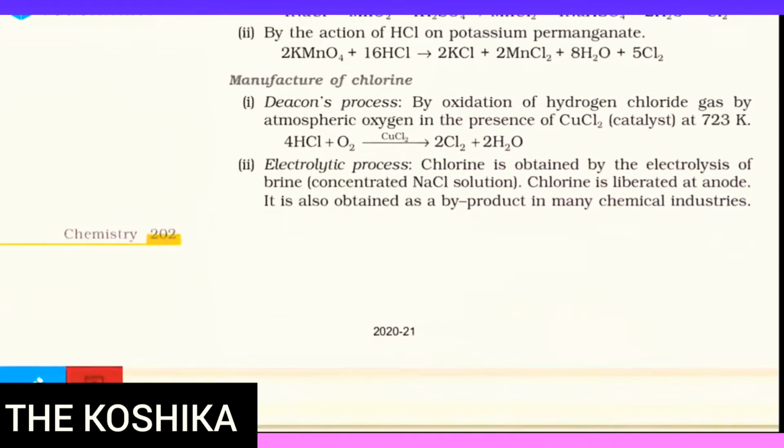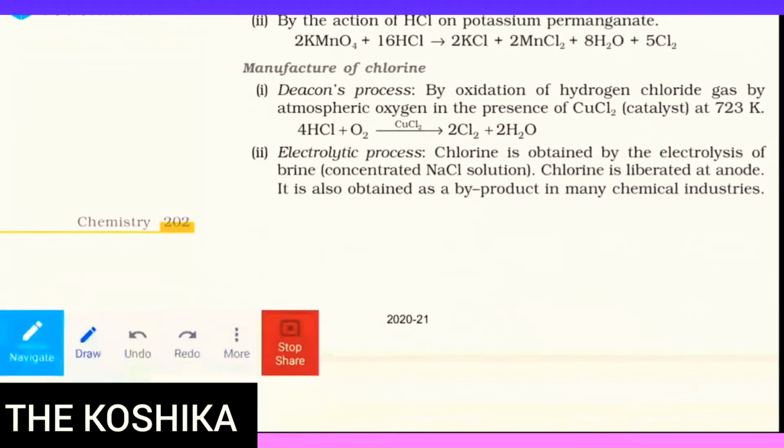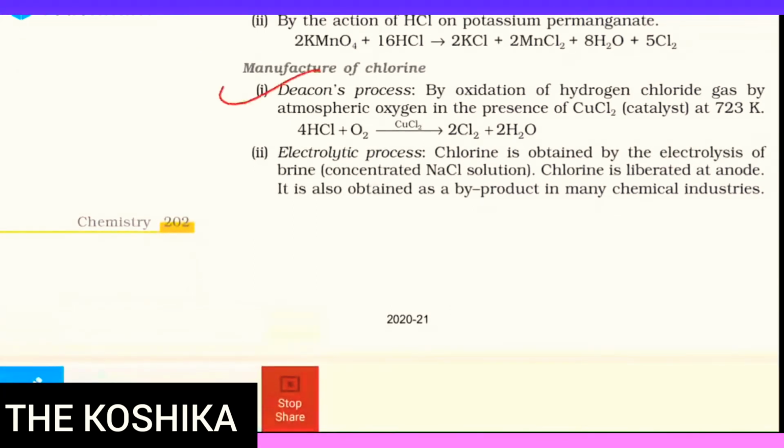Manufacture of chlorine. If you want to manufacture it industrially, you have some options. The first one is the Deacon process, which is very, very important for the board examination, as I earlier told you. Please read this and memorize it. By oxidation of hydrogen chloride gas by atmospheric oxygen in the presence of copper chloride at 723 Kelvin, you can obtain chlorine, and this is known as Deacon's process.